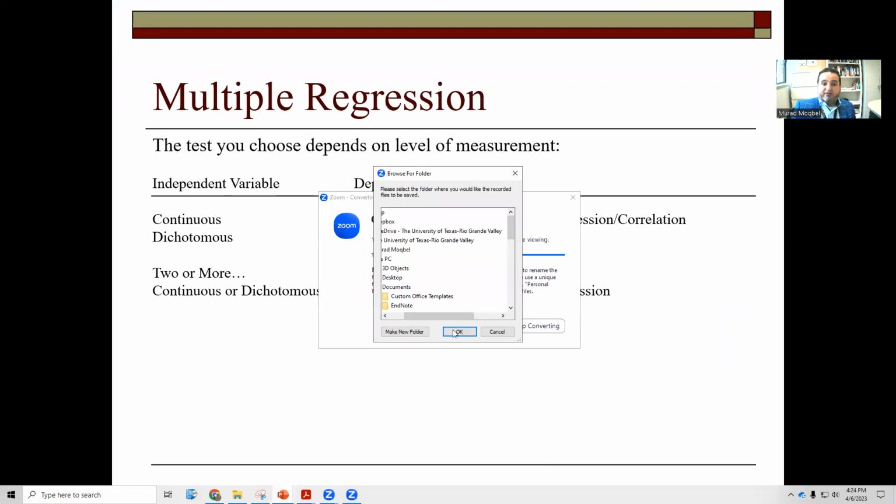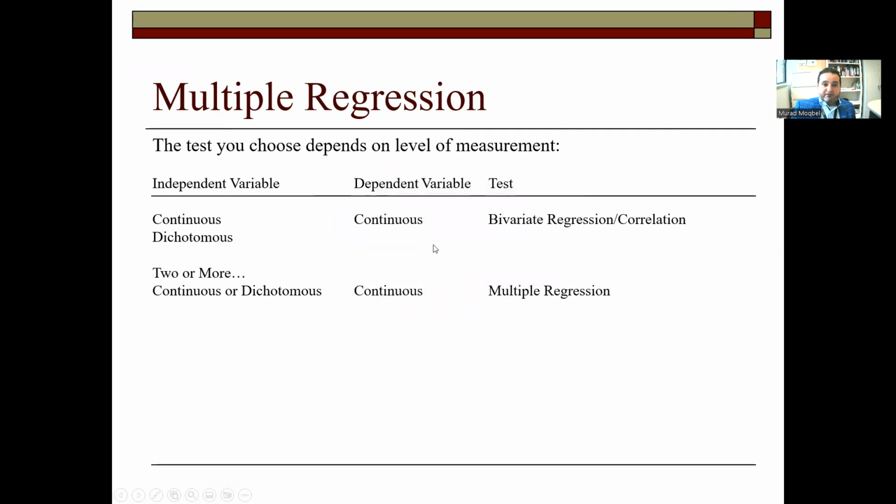And usually we have a dependent variable. And in multiple regression, the dependent variable has to be continuous, right? Otherwise, Microsoft Excel will not allow us. At least this is in multiple regression. But if we have a categorical variable, that will be something else we will talk about later on when we talk about machine learning and data mining.